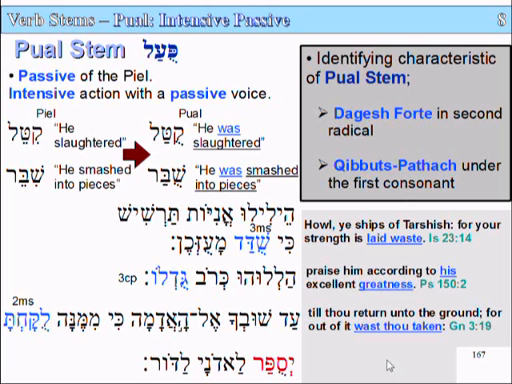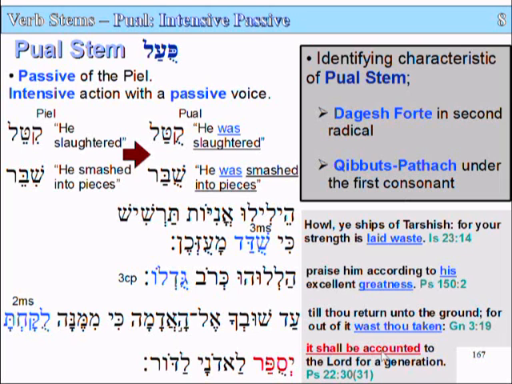Okay, and the imperfect example. Yesupar la Adonai lador. It shall be accounted to the Lord for a generation. This word Yesupar, it shall be accounted, comes from the word sefer, can mean book, or sapar, to number.